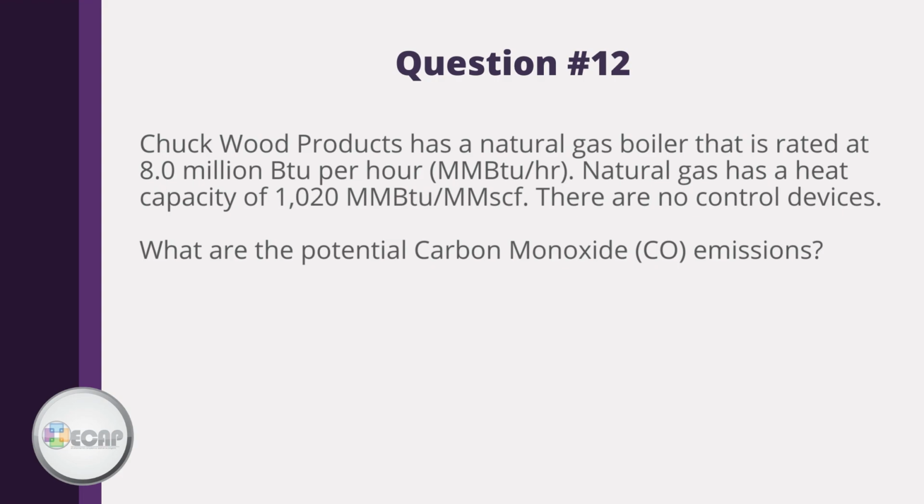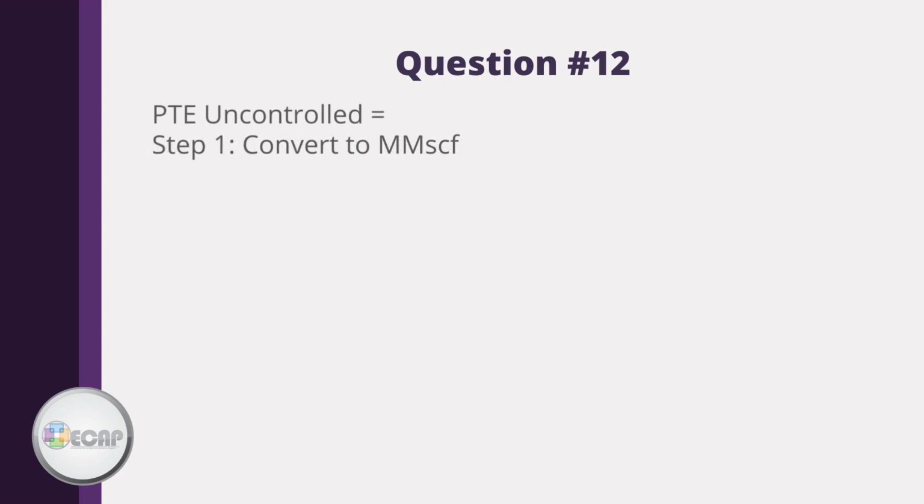There are no control devices, and we need to determine the carbon monoxide emissions. Step 1. Convert the BTU rating to MMSCF. To do this, we take our 8 MMBTU per hour boiler rated capacity and divide by our natural gas heat capacity of 1,020 MMBTU per MMSCF.